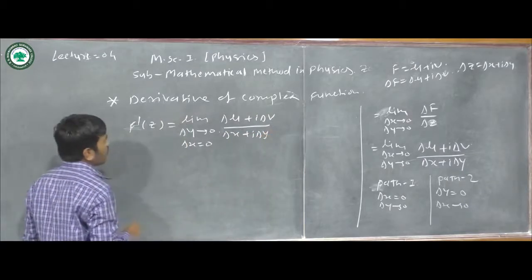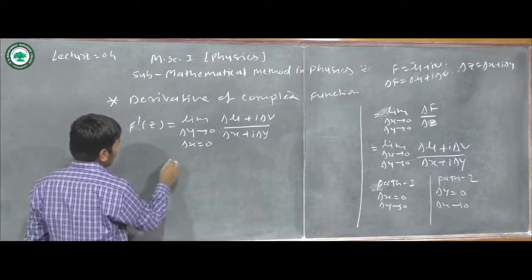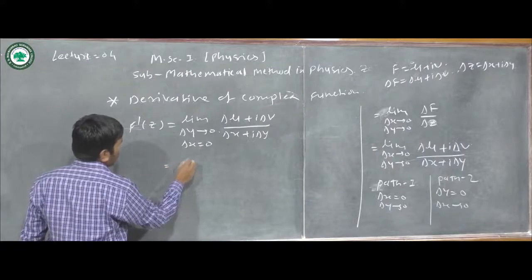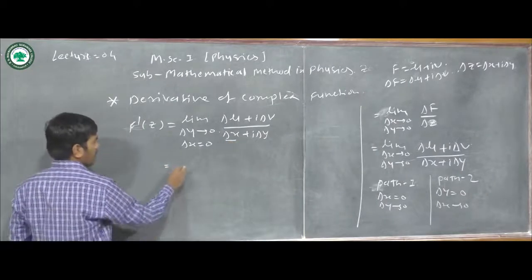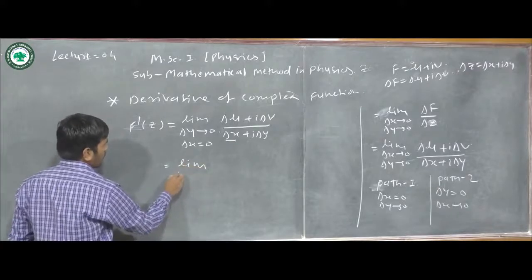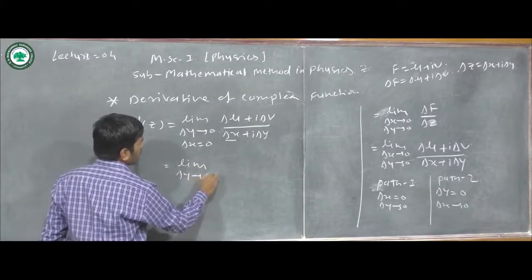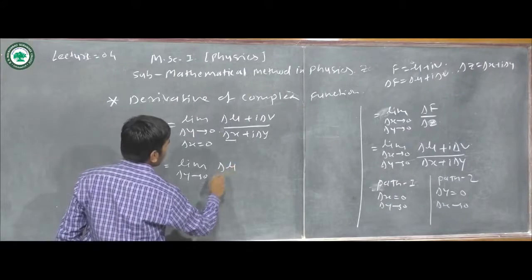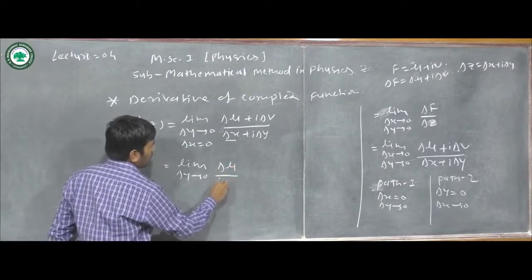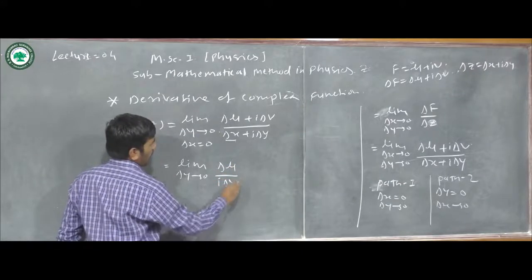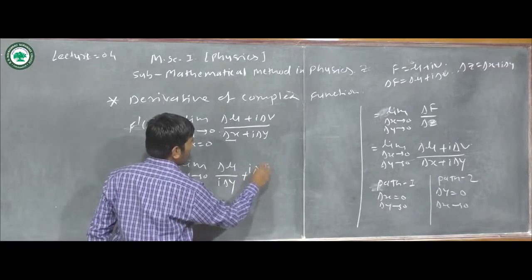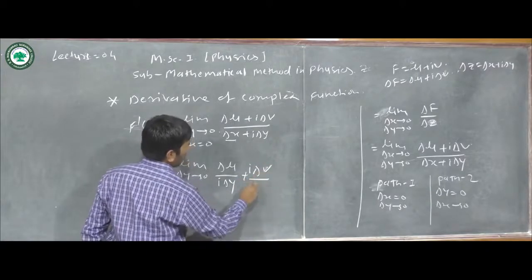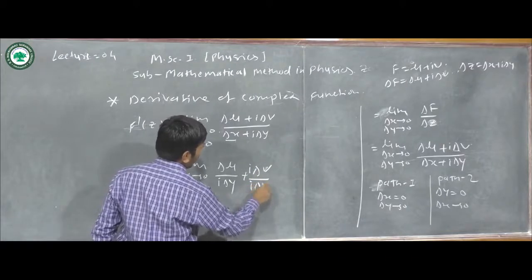If x is equal to 0, then this term is equal to 0. So I can write the limit del y approaches 0 of del u plus iota into del v divided by iota into del y.